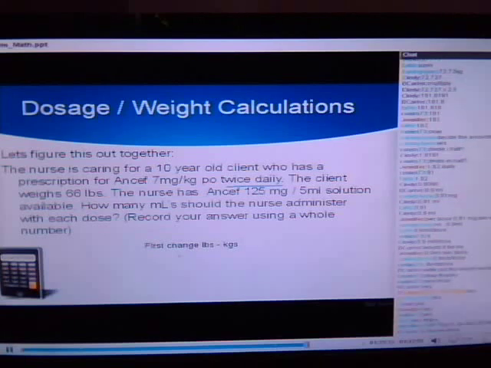And the third thing to pay attention to is, if you did not use a whole number, what would you have come up with?